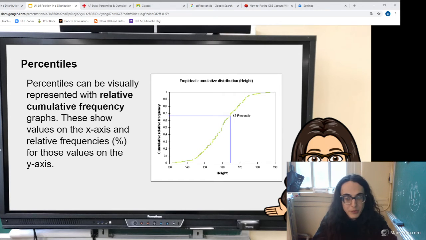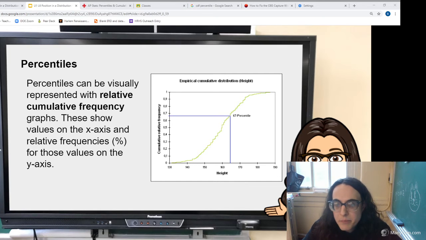The cumulative part means that we're starting at 0 and saying, as we go up, for instance here, what percentage is at 160 pounds or lower? Or if a person is at the 67th percentile for weight, that means that they are heavier than 67% of their cohort, then we can get that information from here.